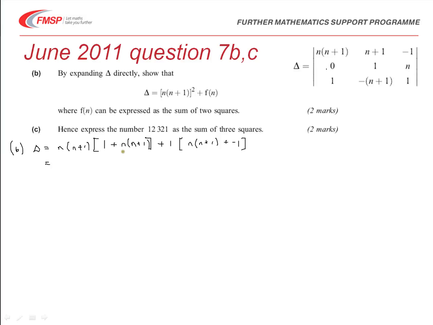We can see here we've got an n plus 1 times an n plus 1, so that is going to give us an n plus 1 all squared. And we've still got plus the 1 times the n times n plus 1.